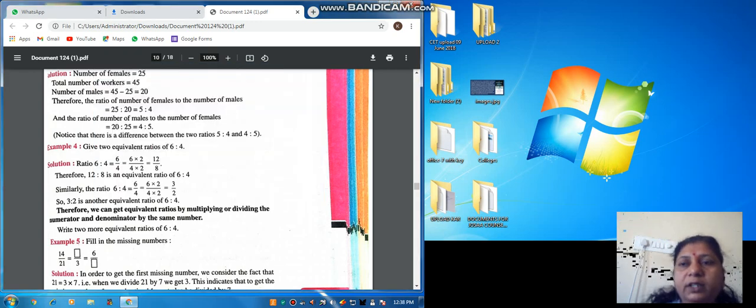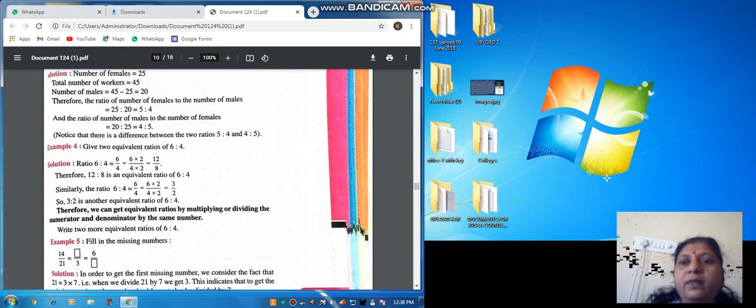So the first ratio will be 6 times 2 is 12 and 4 times 2 is 8. Similarly we can calculate the next one. If we divide 6 and 4 by 2, we get 3 upon 2. So the two equivalent ratios are 3 as to 2 and 6 as to 4.